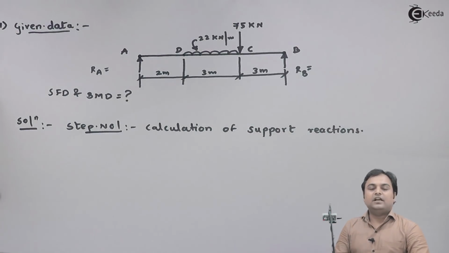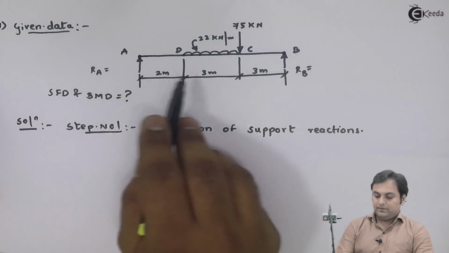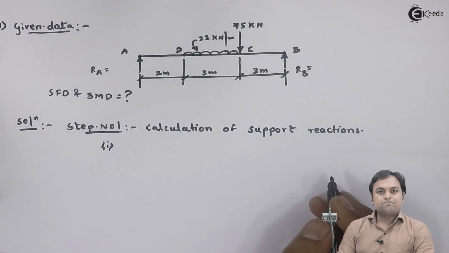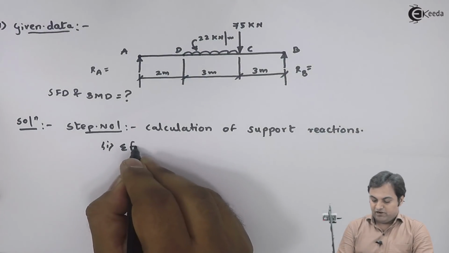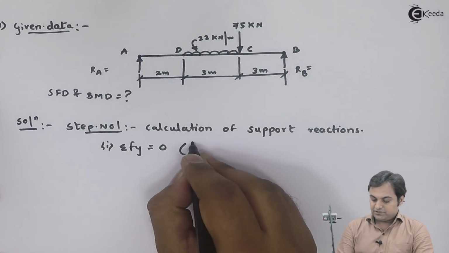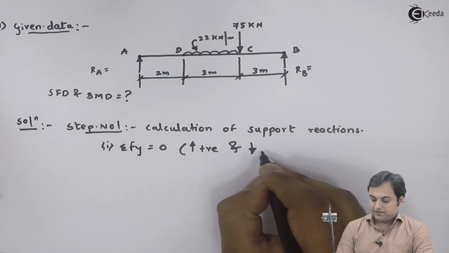In support reaction calculation, at first the beam is in equilibrium, so I would be using the first condition, that is summation of Fy is equal to 0, where upward forces are positive and downward forces are negative.